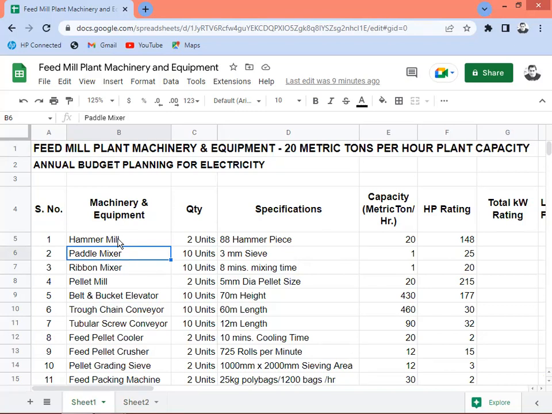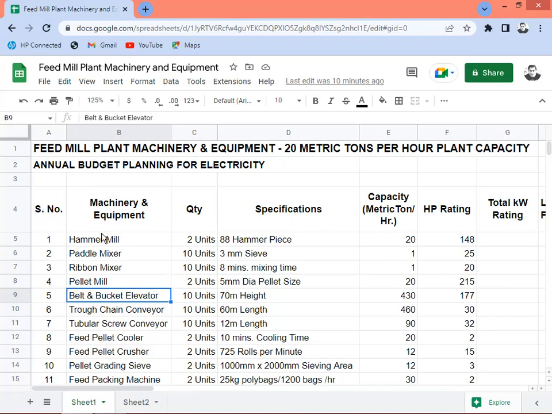Okay, which means that these machinery and equipment have electrical motors, which will contribute to the consumption of energy or electricity.